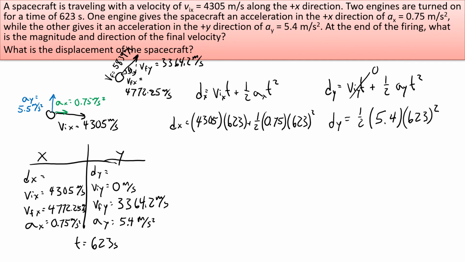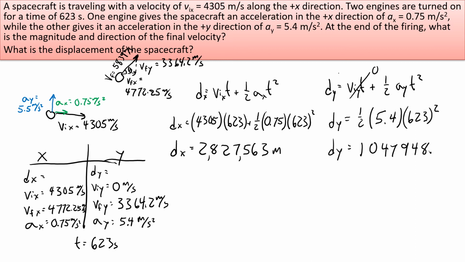And you get an x component of your final displacement of, I don't even know, 2,827,563. That's far. That is 2,827,563 meters. And then for your y, looks like you get 1,047,948.3 meters. Okay, not caring about sig figs today.